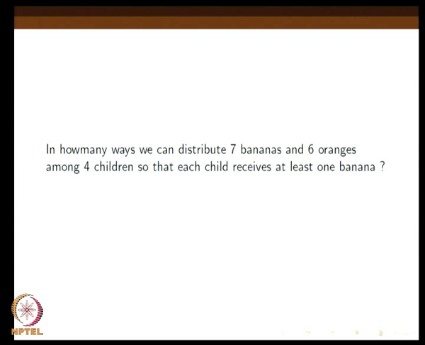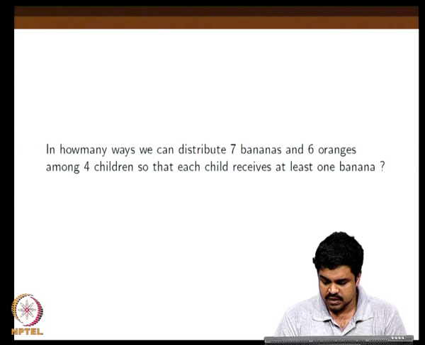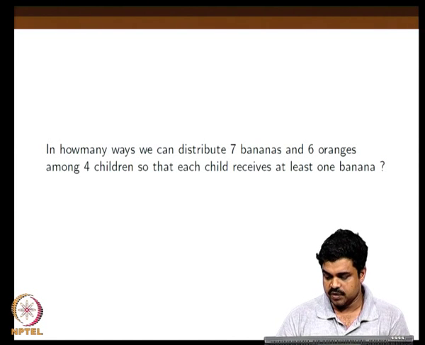Now the next question: in how many ways can we distribute 7 bananas and 6 oranges among 4 children, so that each child receives at least 1 banana?